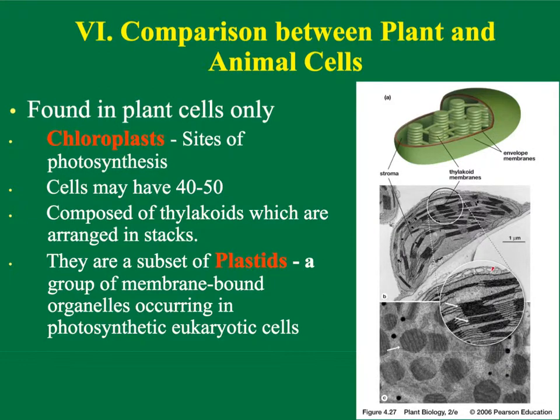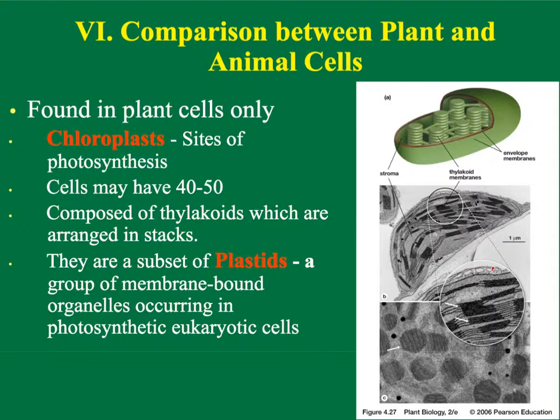Okay, the next thing that's really critical is the chloroplast. This is important because this is the site of photosynthesis. So leaves and other green parts of the plant will contain these organelles, and once again, the chloroplasts contain chlorophyll, and this is an important component for the ability to photosynthesize.